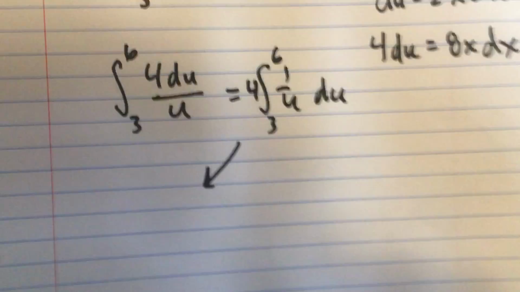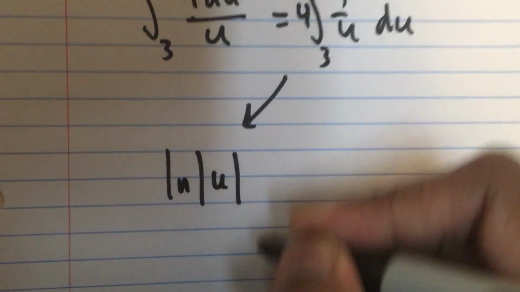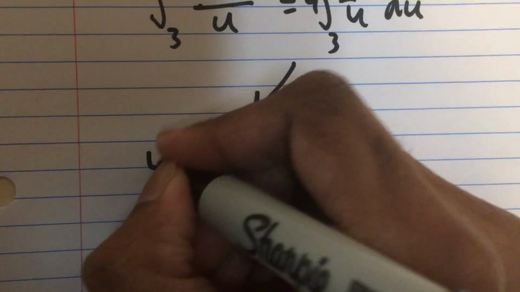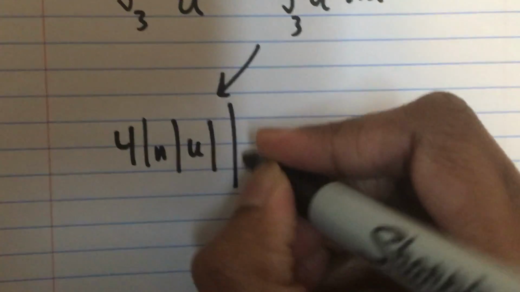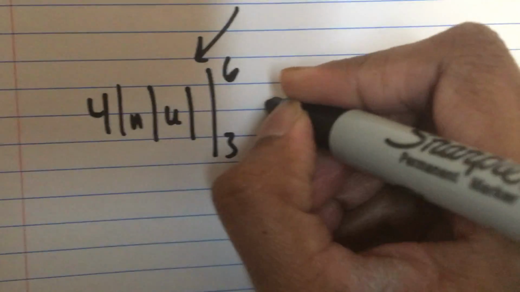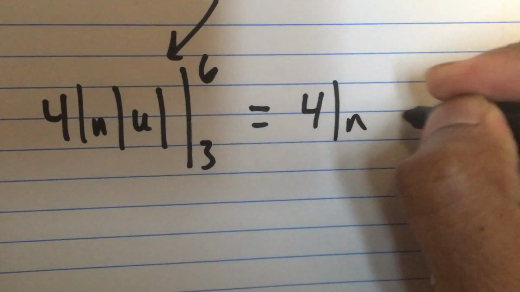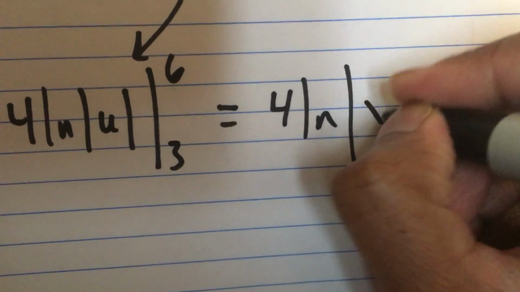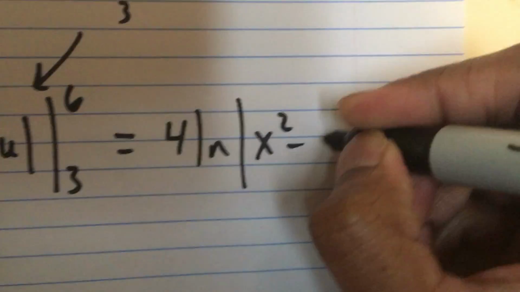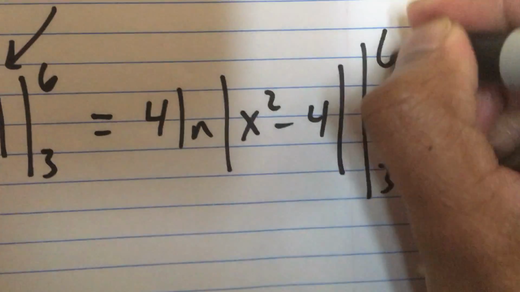The integral of 1 over u is going to be the natural log of the absolute value of u, times 4, from 3 to 6. This is going to equal 4 times the natural log. Replace the u with x squared minus 4 from 3 to 6.